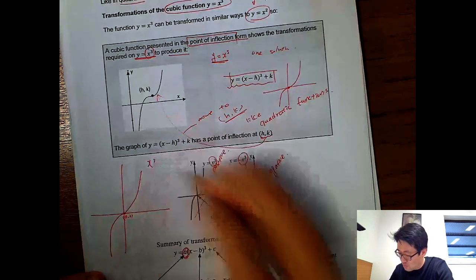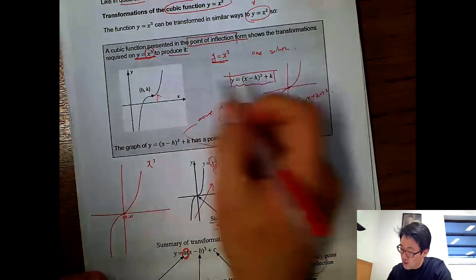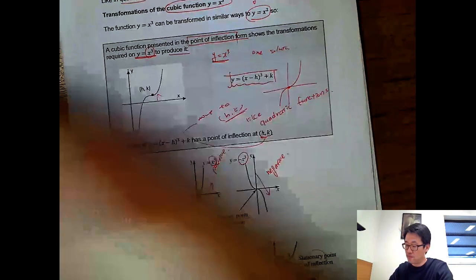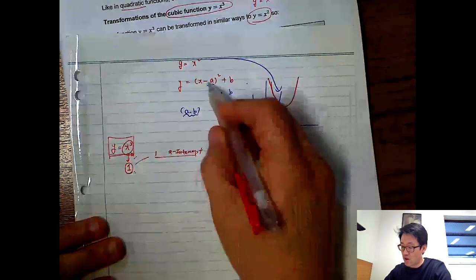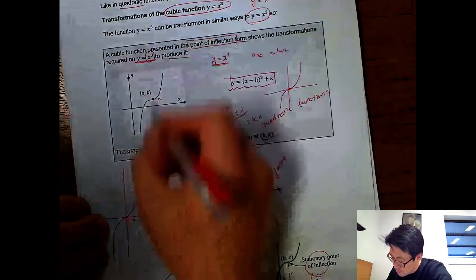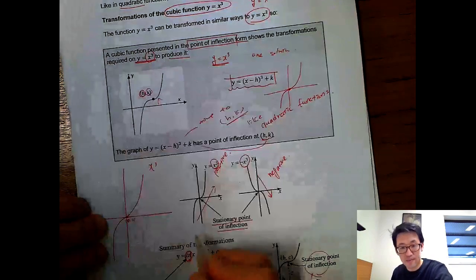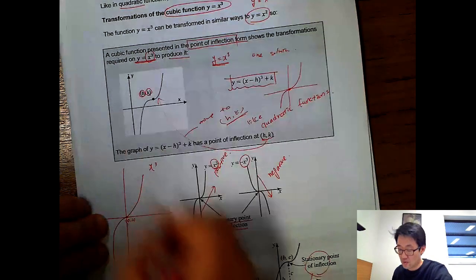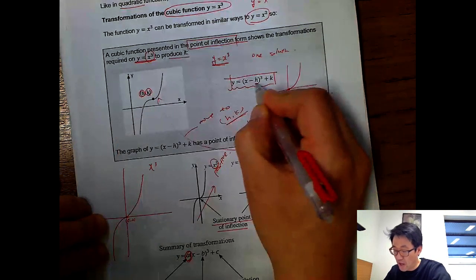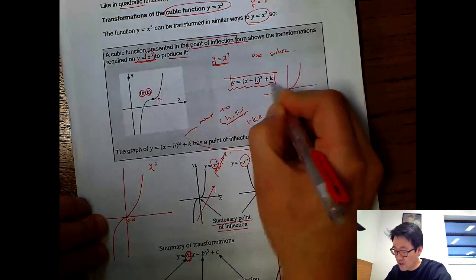That's x cubed. And then we can move, like x squared, a and b, we also move here h and k. A and b, same thing. And we move h much and k.